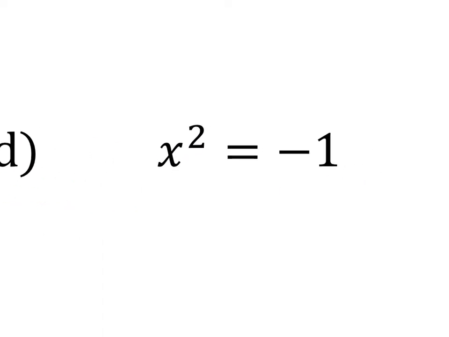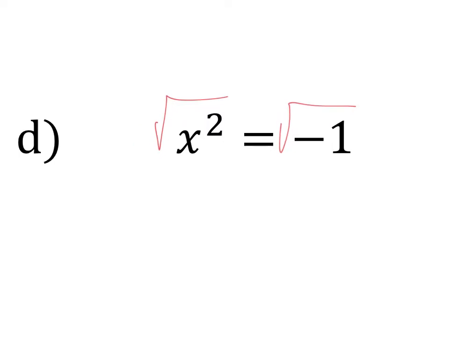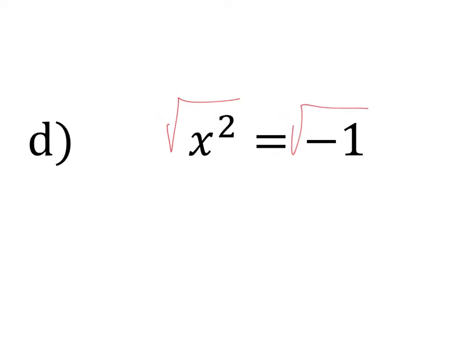But could we solve this by taking the square root of both sides? Well, can we square root negative 1? No, there is not a number. So we're kind of stuck. What mathematicians have done is said, we need a number that makes this true.